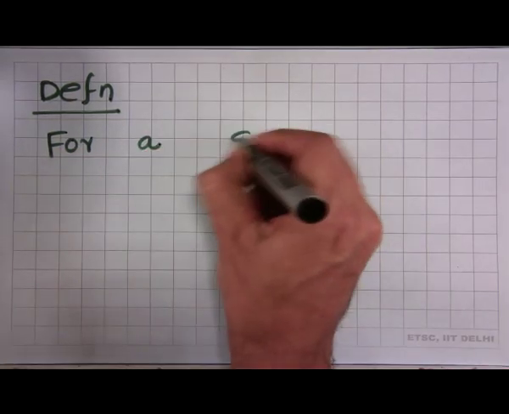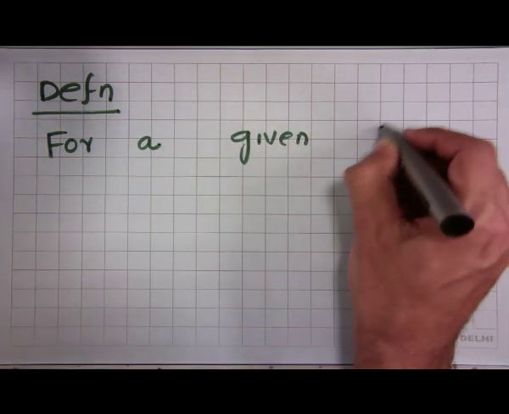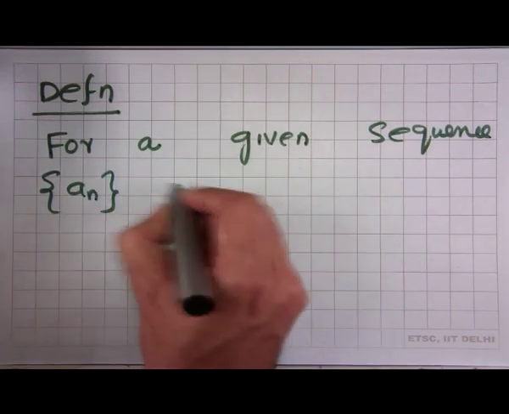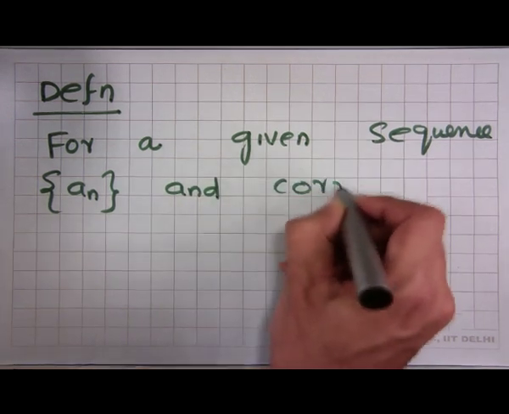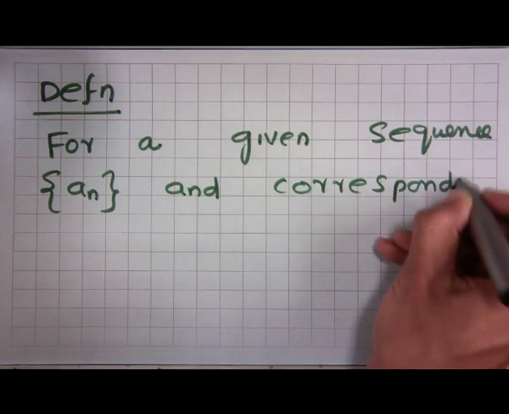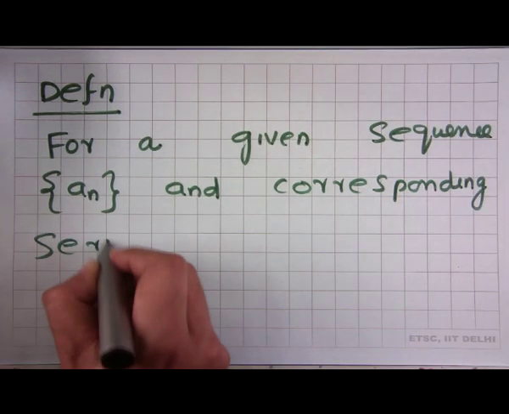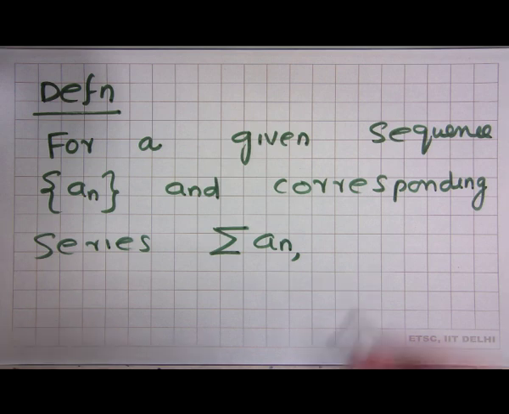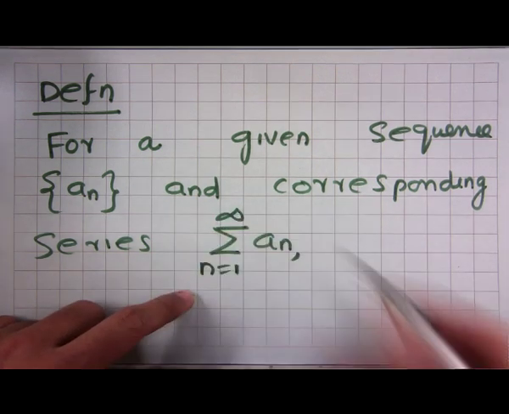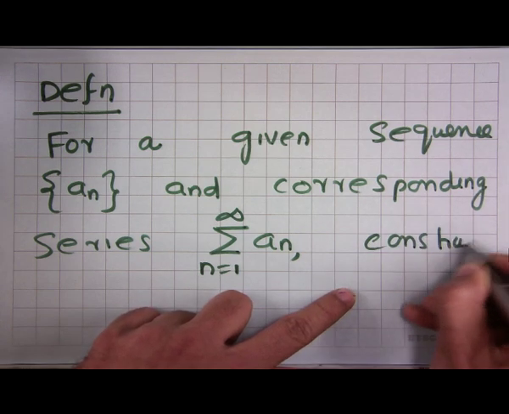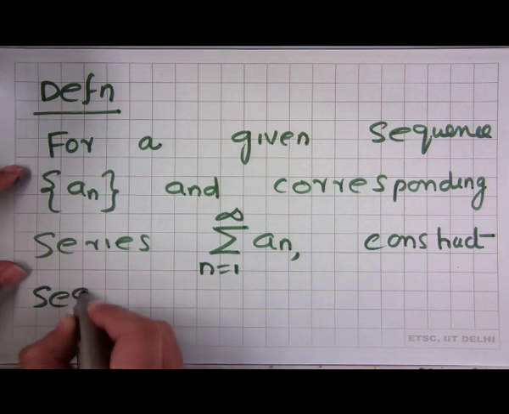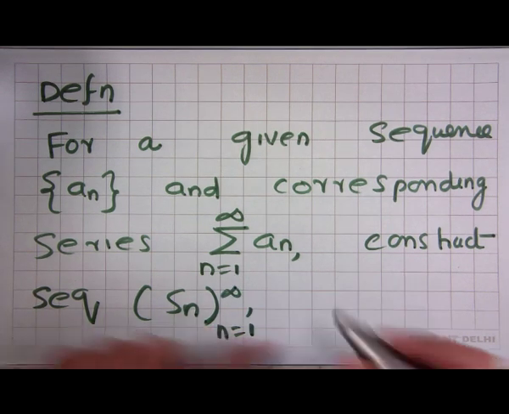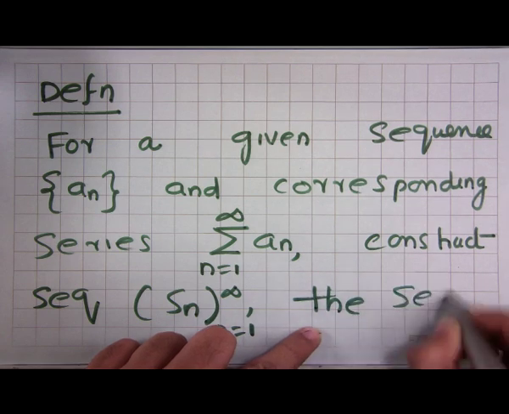For a given sequence An and corresponding series summation An, n is equal to 1 to infinity, construct sequence Sn called the sequence of partial sums.